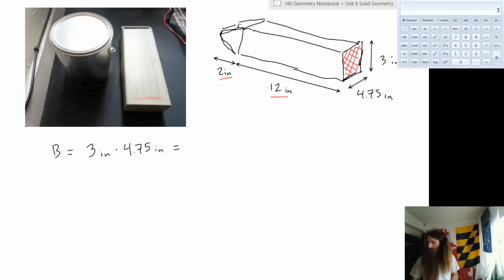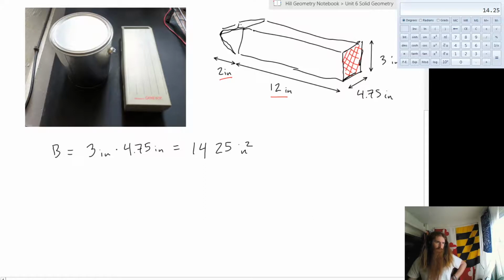So we've got 3 times 4.75, and that's going to give me a numerical answer of 14.25. And my units are inches times inches, which is inches squared, right? When we multiply something by itself, it becomes squared.